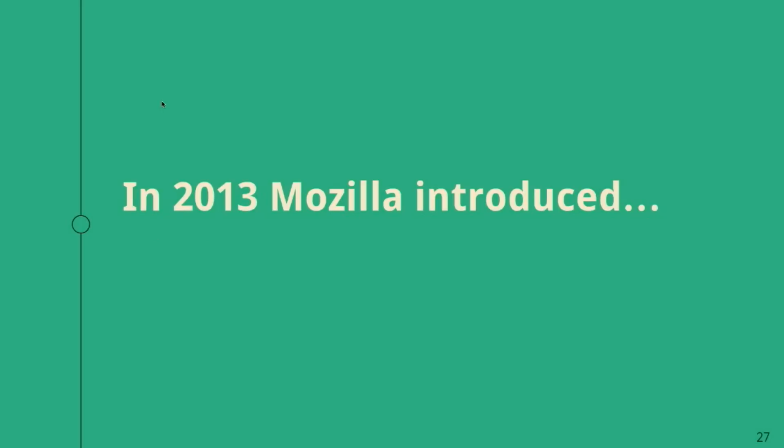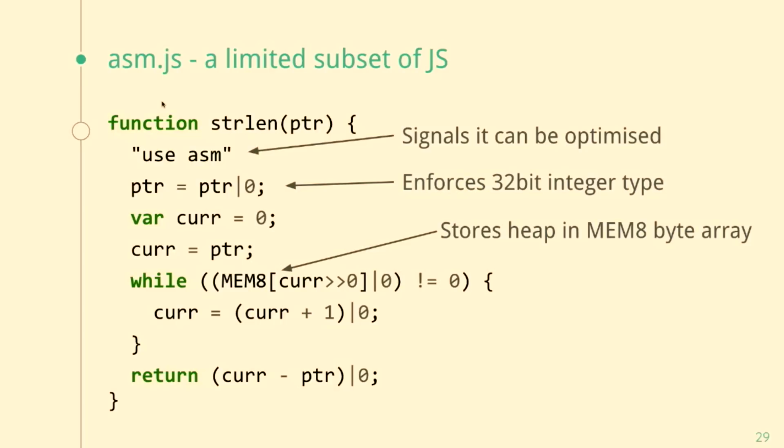And so if we cast your minds back to 2013, the Harlem Shake was a thing, if you remember that. Mozilla introduced, not WebAssembly, asm.js. Who's heard of asm.js? Yay, lots of people, that's great. It's essentially a weird subset of JavaScript.